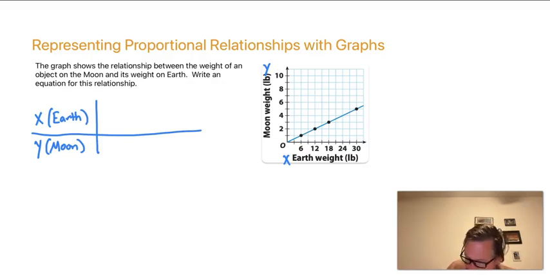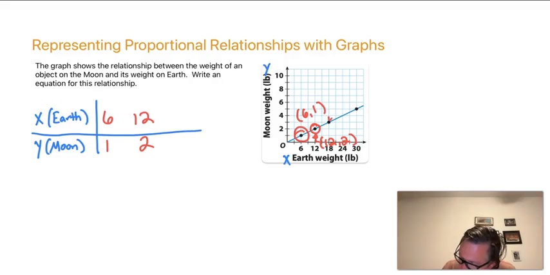And so our first point that we have is right here, and it looks like that coordinate is 6, 1. And so that means an object that weighs 6 pounds on Earth weighs 1 pound on the moon, so 6, 1. The next point we have right here is 12, 2. So 12 pounds on Earth, 2 pounds on the moon.